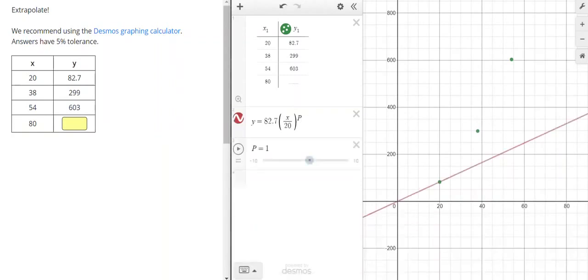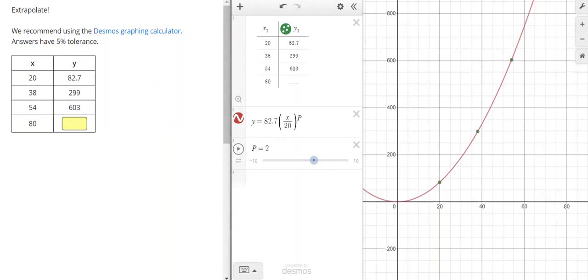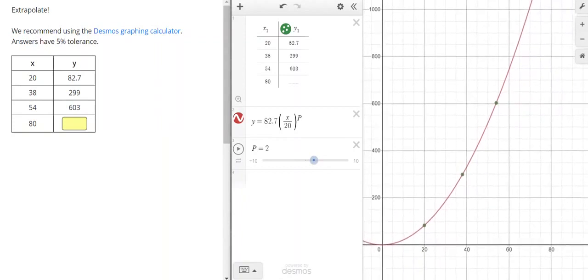This guarantees that our curve will go through our first point, but since it wasn't a linear relationship, we need to adjust p to make it fit. In my case, I got p equals 2. So it's a quadratic.